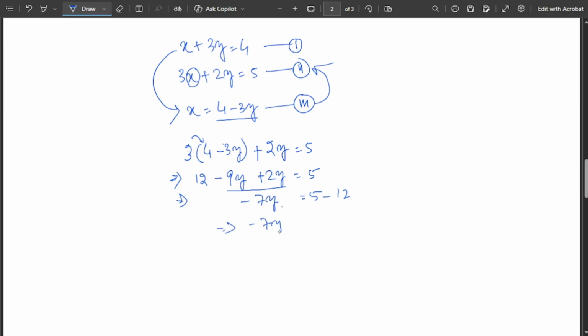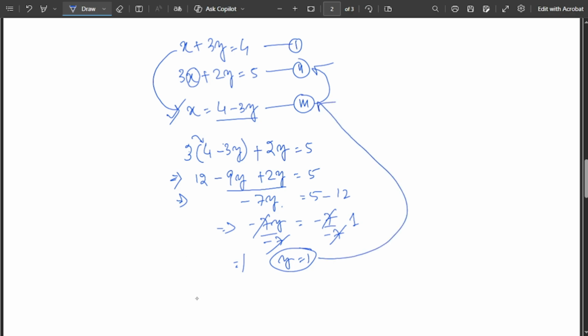On the right hand side, the difference is minus 7. Now dividing both sides by minus 7, we get the value of y. This 7 cancels, and here also this becomes 1, so y equals 1.